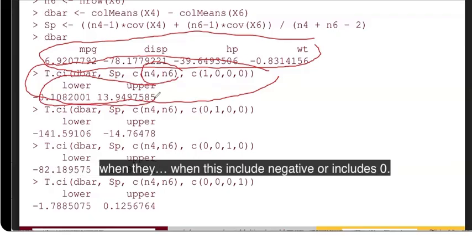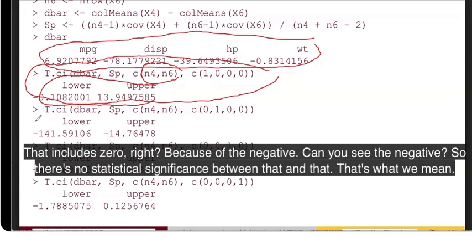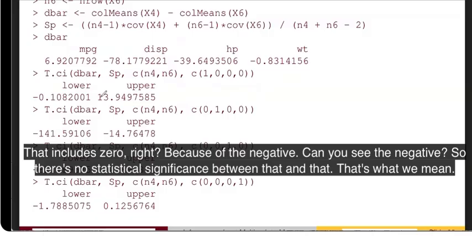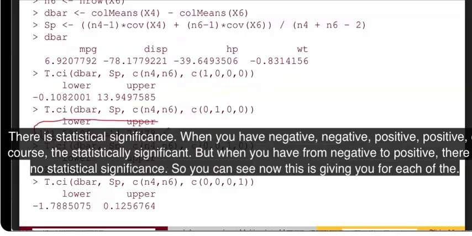When this includes negative, or includes zero, there is no statistical significance. If you take a look at that, it looks like that includes zero, right? Because of the negative. Can you see the negative? So there's no statistical significance between that and that. But here, negative, negative, there is statistical significance.